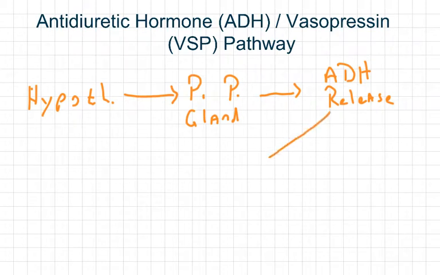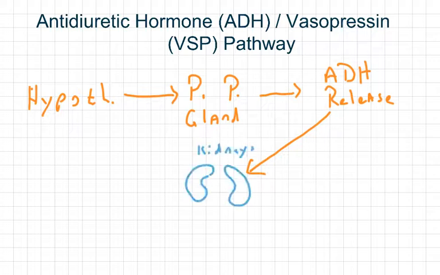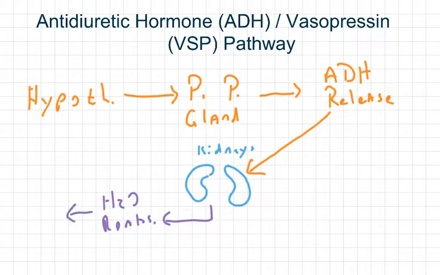The first effect is on the kidneys. Its effect on the kidneys is that it causes direct water reabsorption, which causes an increase in blood volume. Now, the second effect that ADH produces is directly on the blood vessels.